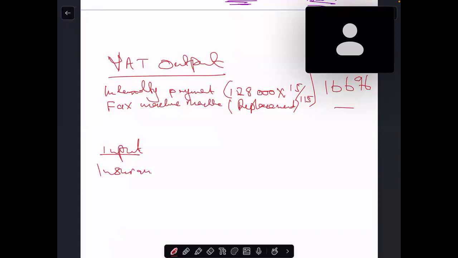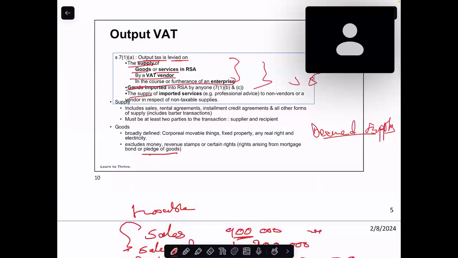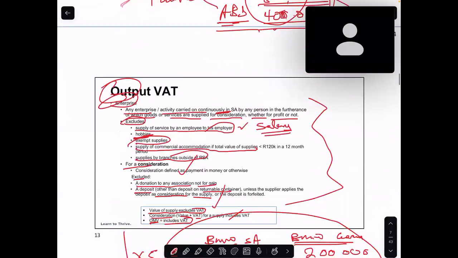Insurance, a premium. Right, are we going to claim input VAT or not on insurance premium? We're claiming input. Right, the reason being what? What is the reason of claiming input VAT on that transaction?